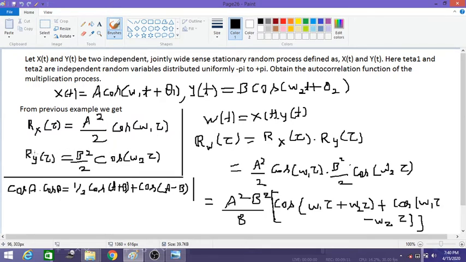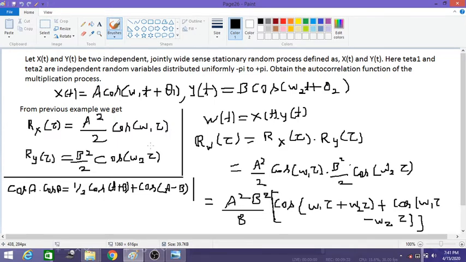For the second process y, we get the autocorrelation function Ry of tau equal to b square by 2 into cos of omega 2 tau. We have drawn this straight away from the previous example. Please, if you have not understood, refer to the previous example.